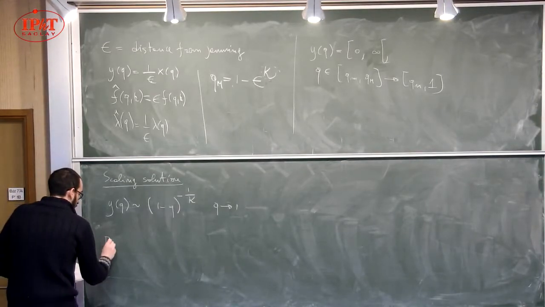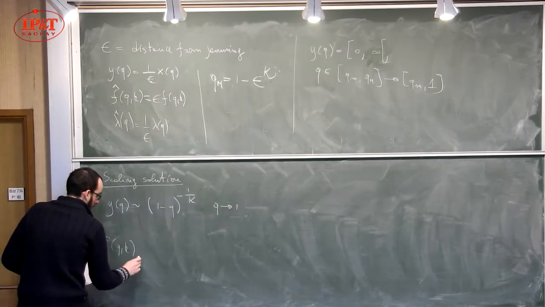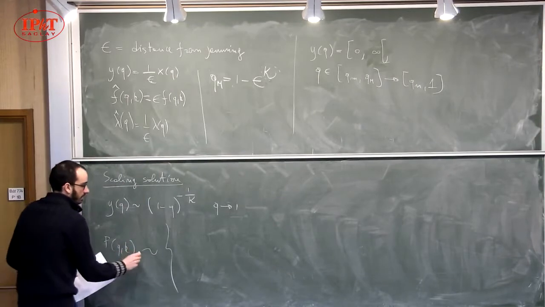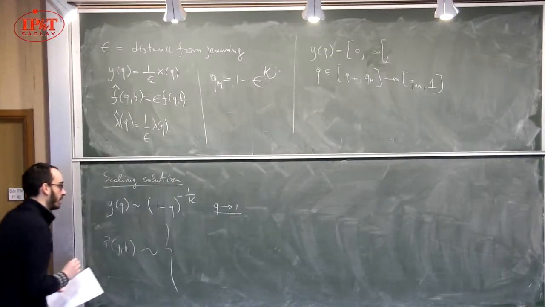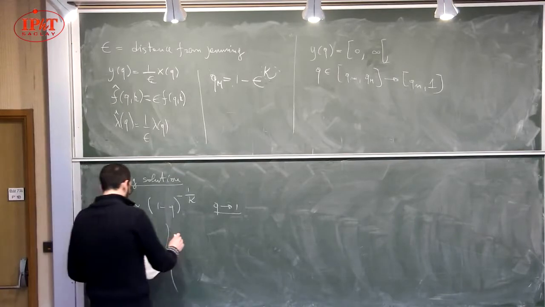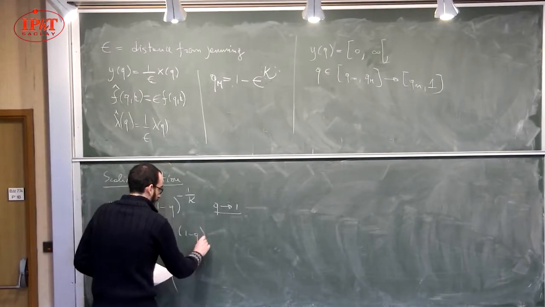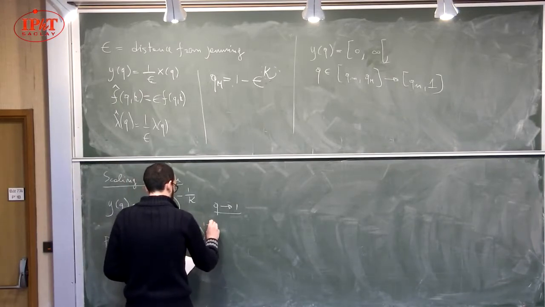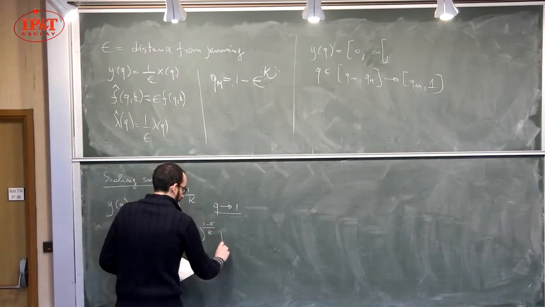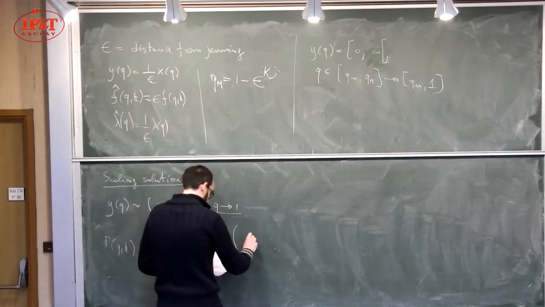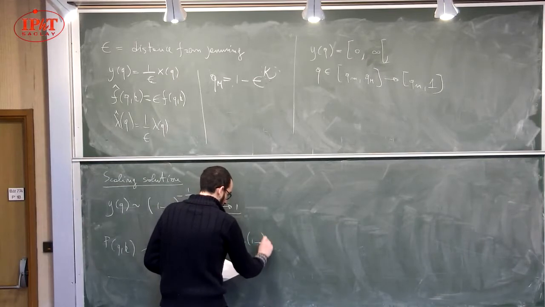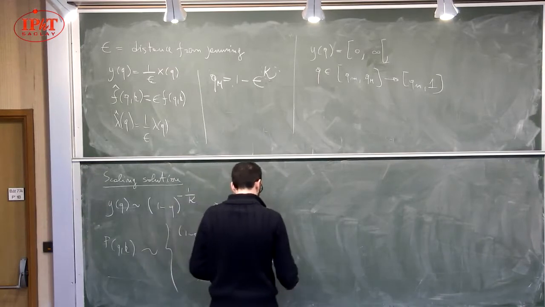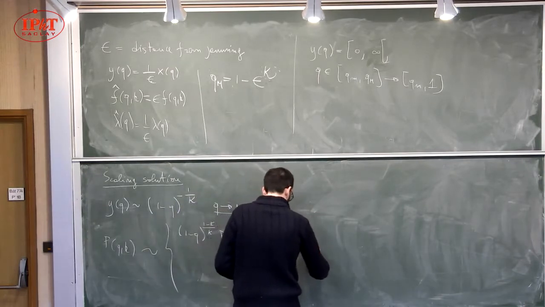And then we have p of q, that when q goes to 1 becomes of this kind. So everything that I will write holds when q goes to 1. So it's 1 minus q to the minus k over k, minus h.